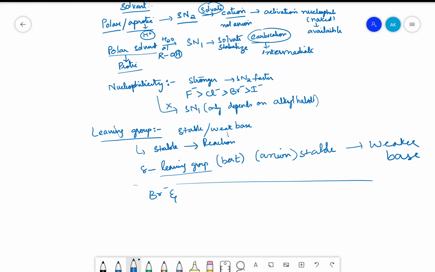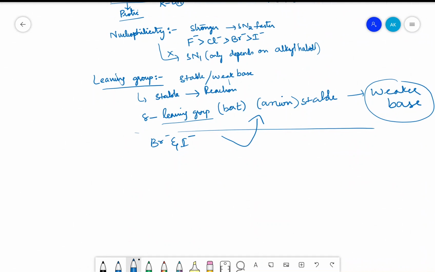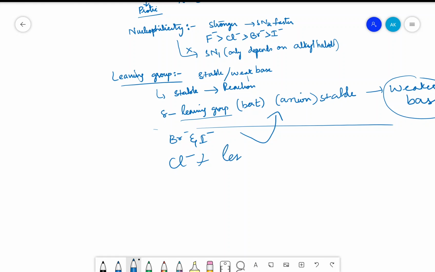Bromide ion and iodide are stable anions with weaker bases, whereas chloride is categorized as less stable and more basic. That is why it is a poor leaving group.